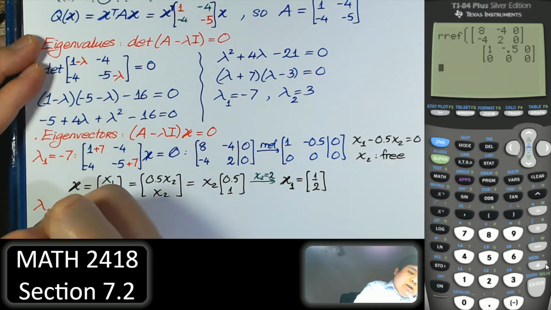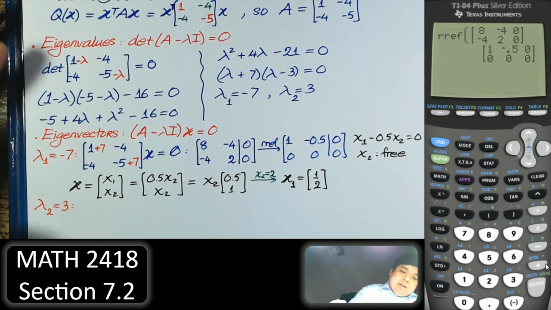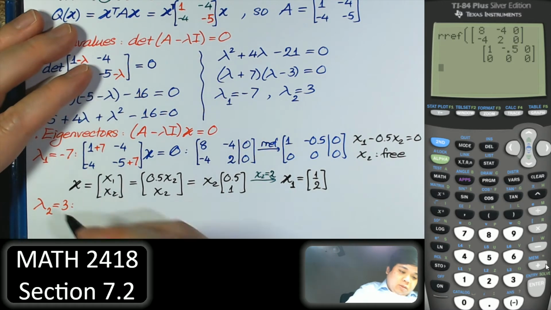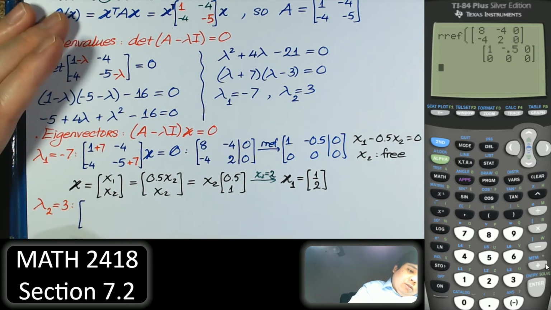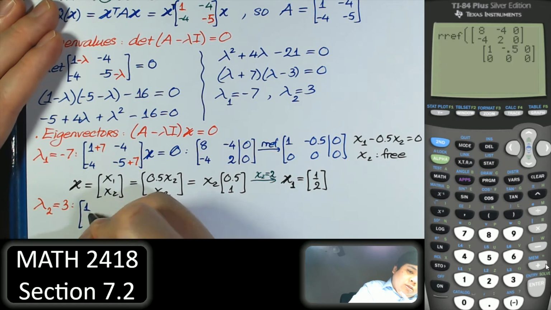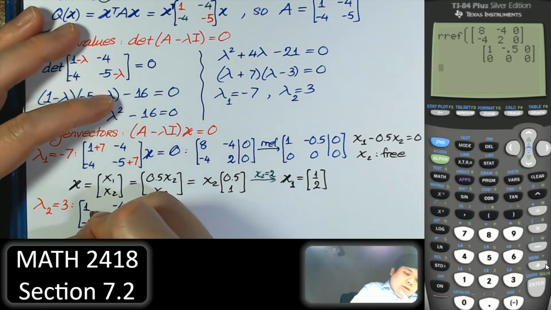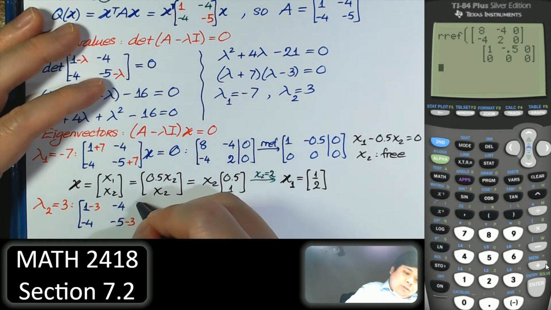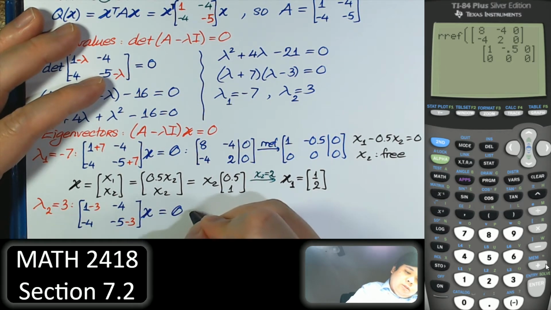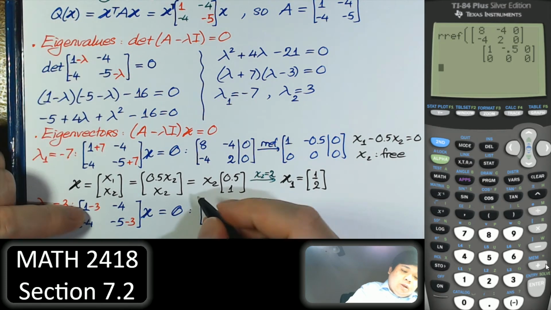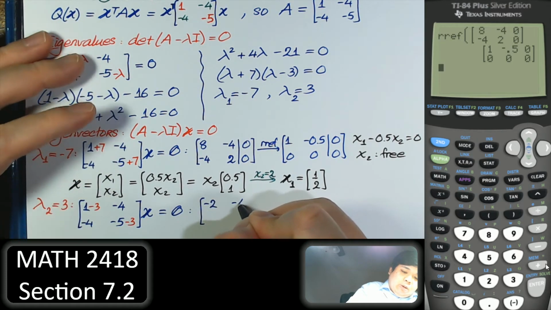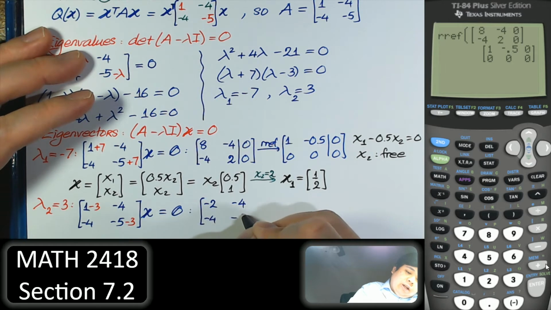And for the eigenvalue of 3, we subtract 3, and get negative 2, negative 4, negative 4, negative 8.